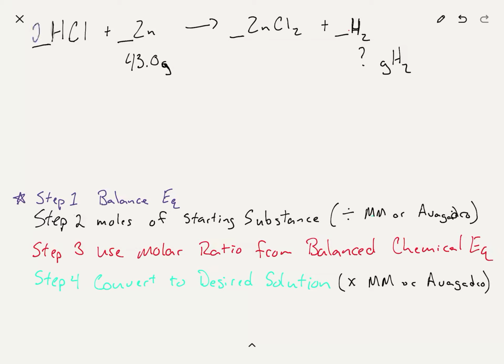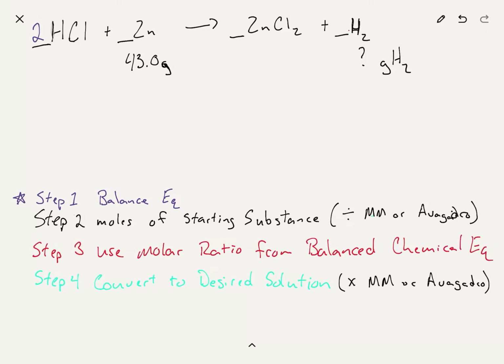So we're going to put a 2 here. And now our hydrogens are balanced. Hopefully they stay that way. Then we now have 2 chlorine, and we look at the other side, 2 chlorine, and we've got 1 zinc on both sides. Super easy to balance. So that step is complete.